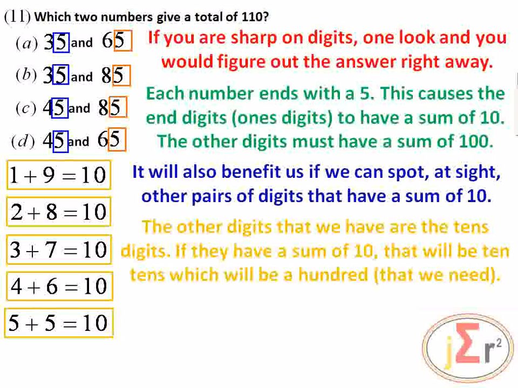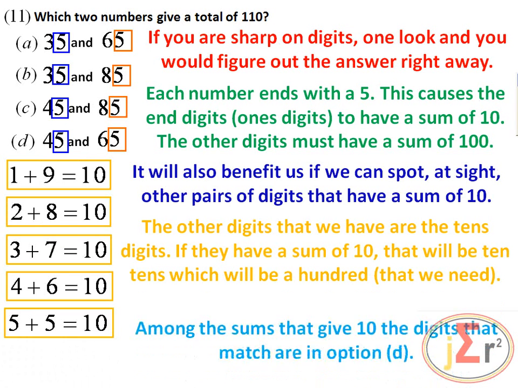The digits that we have added to get 10, out of the 110, it means that the other digits should add to give 100. But because these are the tens digits, when you add them and you get 10, 10 tens make 100. So there you will get your 100.